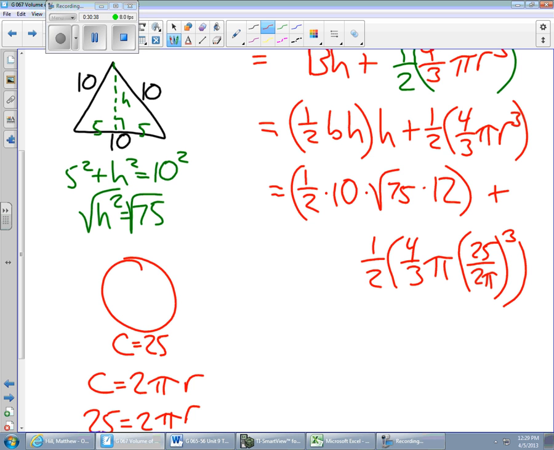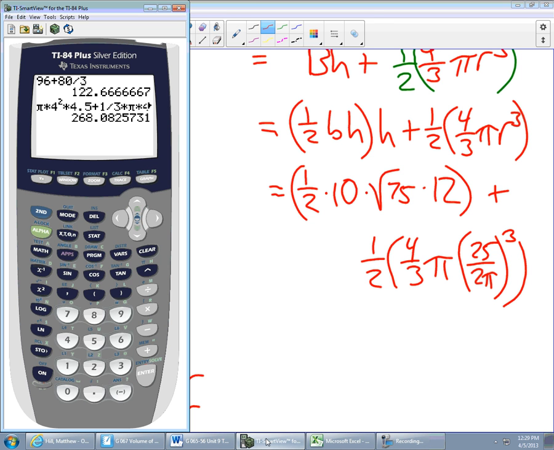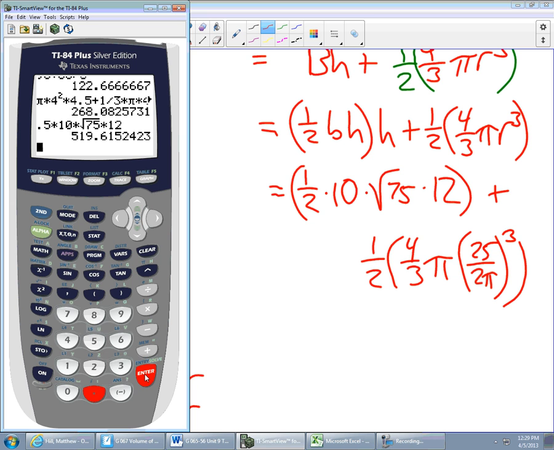Then all we have to do is figure out what is going on with this. Let's go to the calculator and see if we can figure this thing out. For the part of the equation on the left, we've got 1/2. So I got 0.5 times 10 times square root of 75 times 12. And if you'd like to stop right there, which would probably be a good idea considering everything that's going on in this problem, we have 519.62.